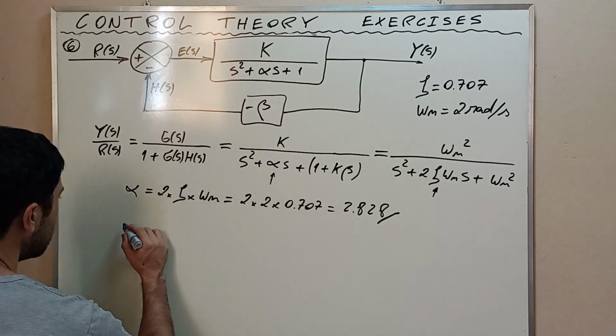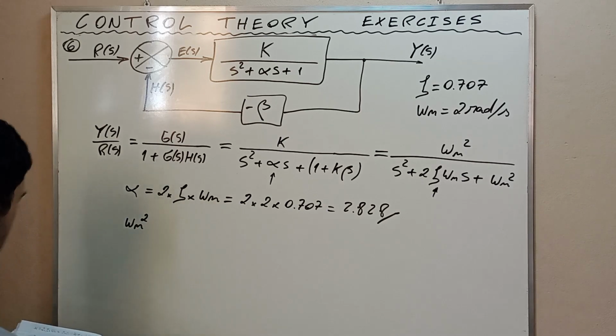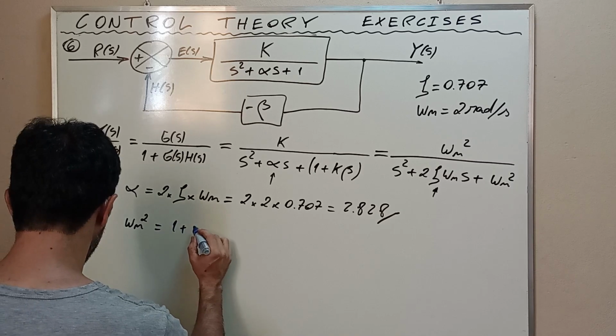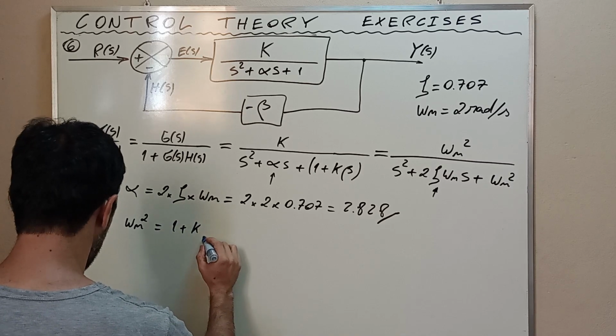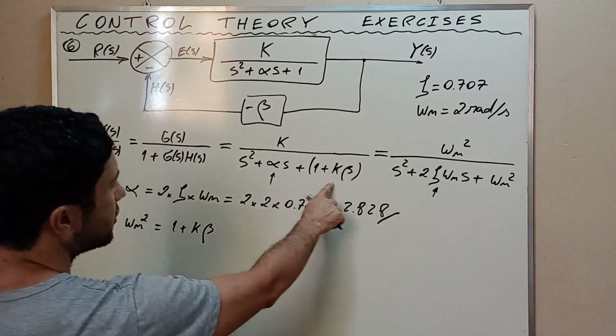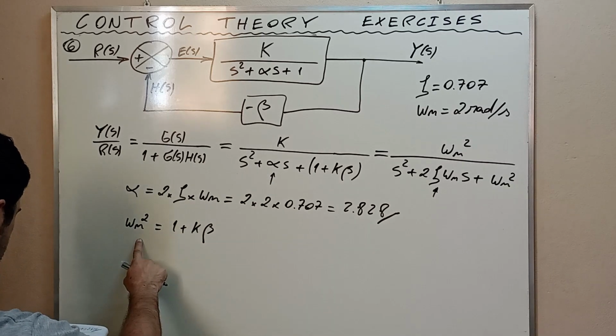Wn squared is equal to 1 plus K times beta. Alright, 1 plus K times beta is equal to Wn squared.